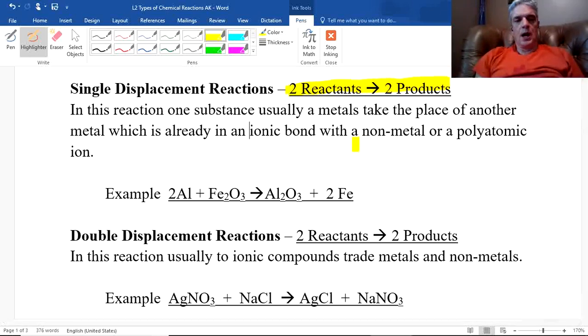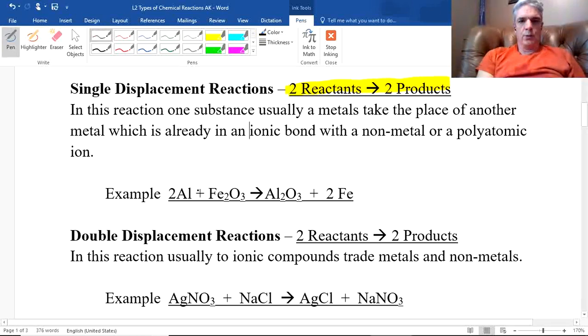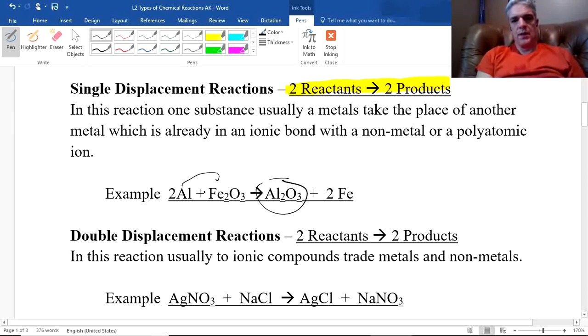So I'm going to give you an example here where aluminum is going to trade places with iron. So the iron is going to get bumped out and the aluminum is going to take its spot. So that's exactly what happens. So the aluminum now combines with the oxygen, where here the iron was combined with the oxygen, and the iron is now free to be all on its own.